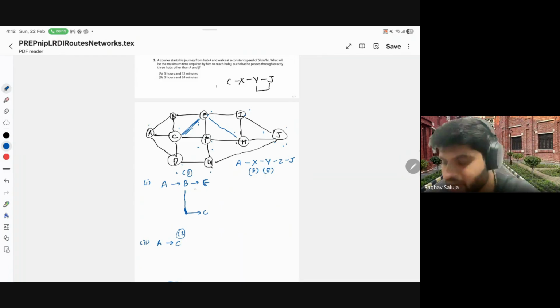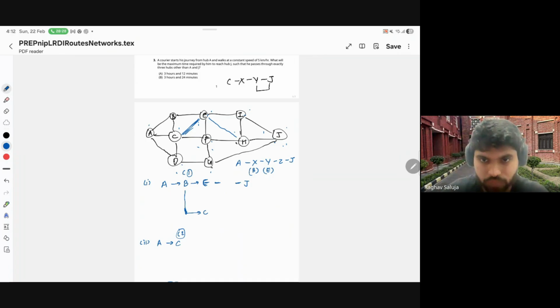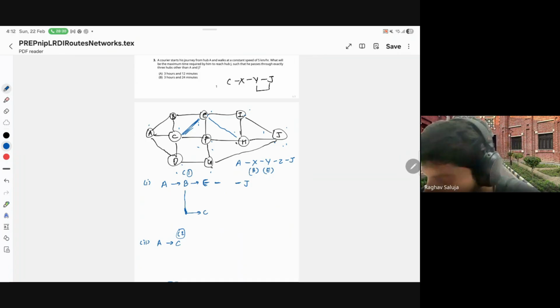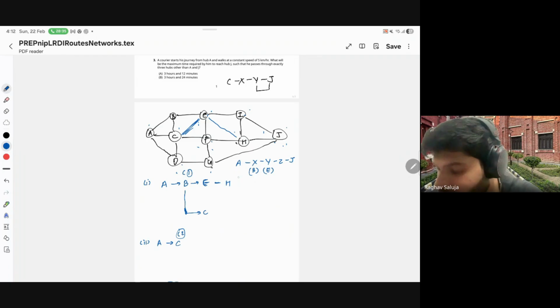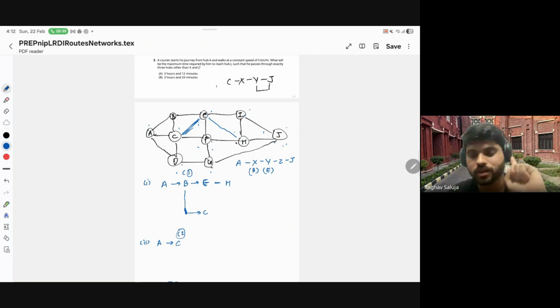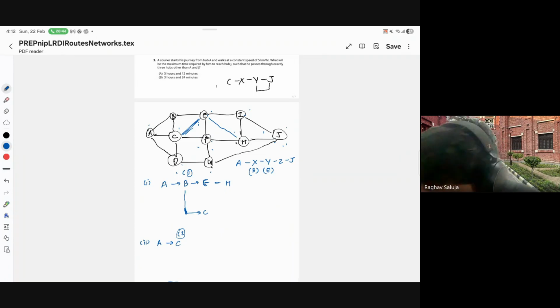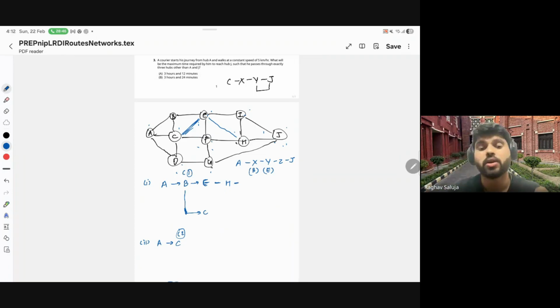You tell me. A, B, E is done. There is going to be one more node and then there has to be J. Correct? So from E, where can I go? From E, I can go to H or I. Let me go to H. Is there a direct path between H and J now? Because now the loop has to end. So is there a direct path between H and J? Yes, there is. E is the third node. Total nodes are 5.